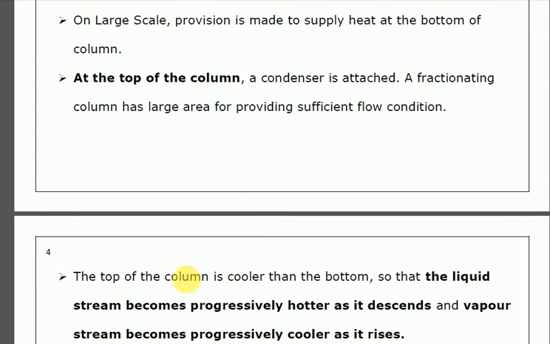The top of the column is cooler than the bottom, so the liquid stream becomes progressively hotter as it descends, and the vapor stream becomes progressively cooler as it rises. Now why does it happen? See, at the top of the column there is a condenser. Where the condenser is, that part will be cooler, so the more the vapor goes up, the cooler it gets, and the more it comes back, the warmer it gets.